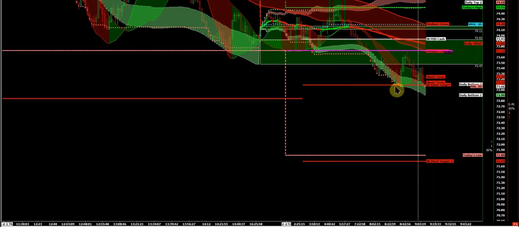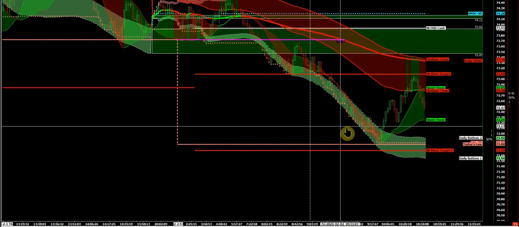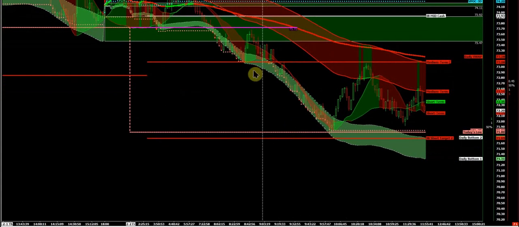So it's respecting that level. Down through, come back up, retest right there, down. Go through the level, come back, retest. See where it bottomed out there? Came back up, retested it, there's your chance for more short.